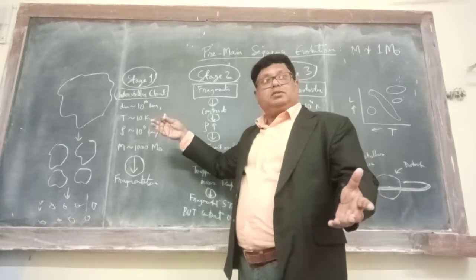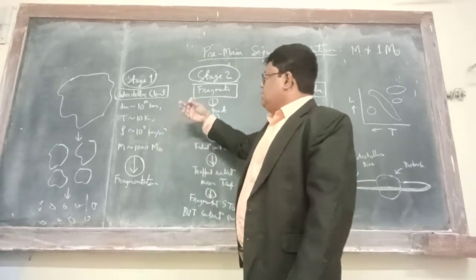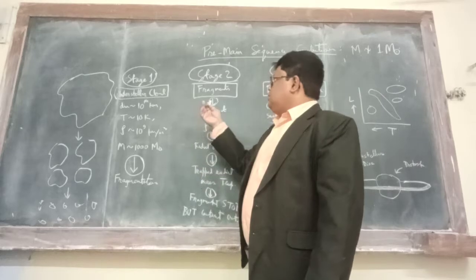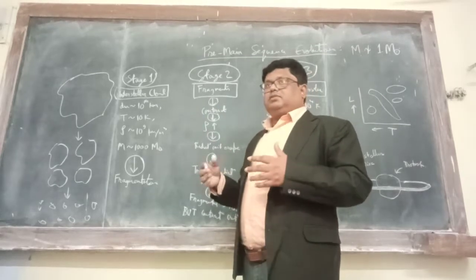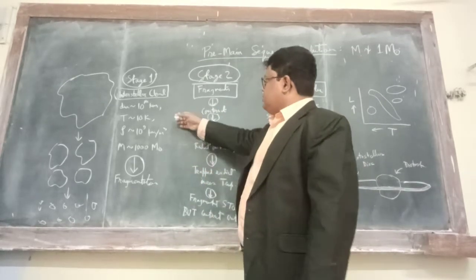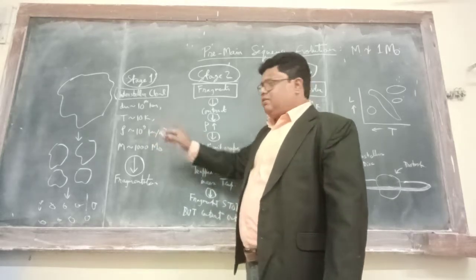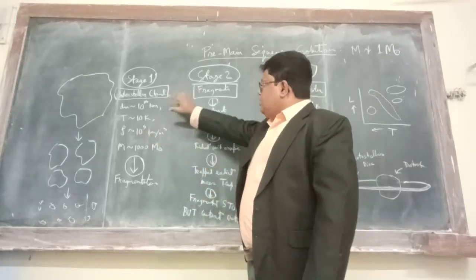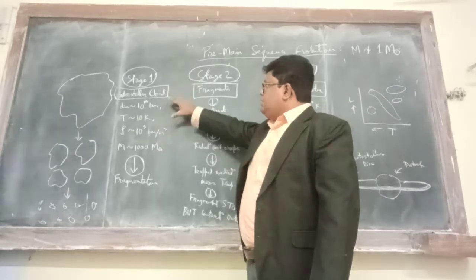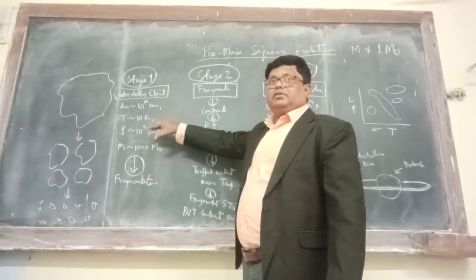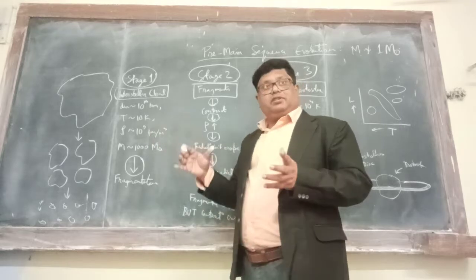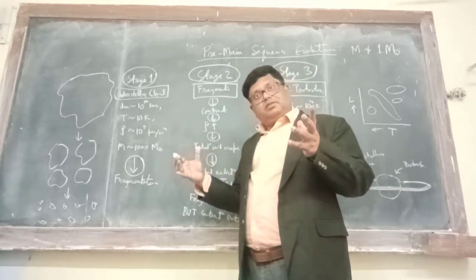We have talked about this, right? When cloud collapse begins, in those classes we have talked about that. And density is of the order of 10 to the power 9 particles. This is just a rough number. Now you remember during the early stages of this contraction we have fragmentation. We talked about this.